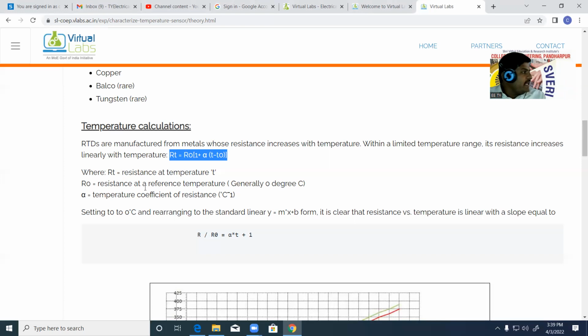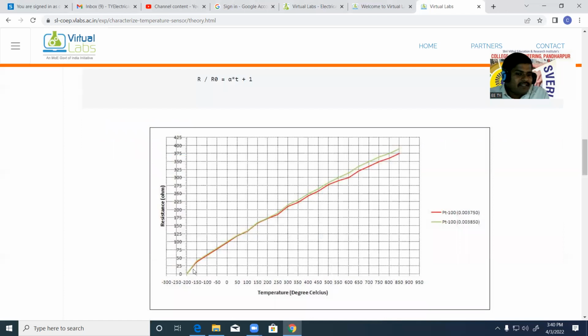Setting to 0 degree Celsius and rearranging to the standard linear form y = mx + b, it is clear that resistance versus temperature is linear. So the characteristics will be a linear, straight line. We will observe that characteristics by performing simulation.